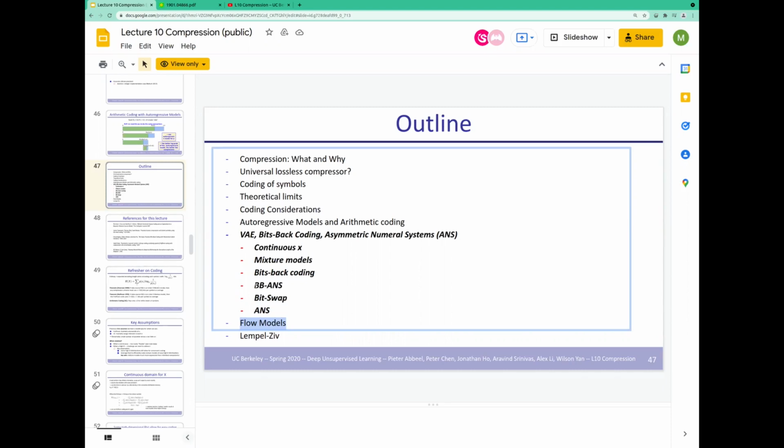The main part was to be able to do encoding using any unsupervised learning model that produces probability, and use that for compression. And then the bits back coding technique gives you the theoretical way of reaching the theoretical limit that's possible.